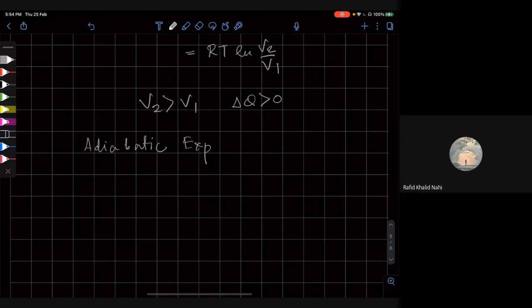Okay. So adiabatic expansion is when the gas is enclosed in an adiabatic enclosure, which means that there is no heat that can go in or out, and then work is done on it. Then dQ is 0.